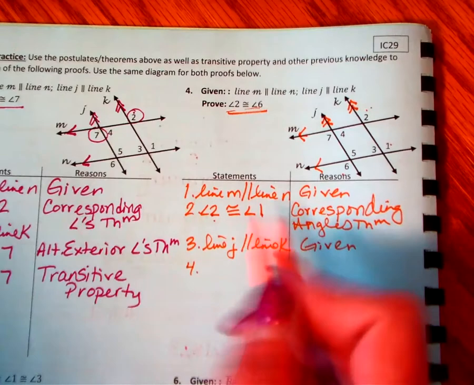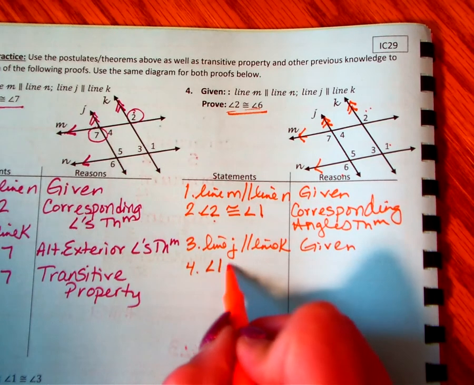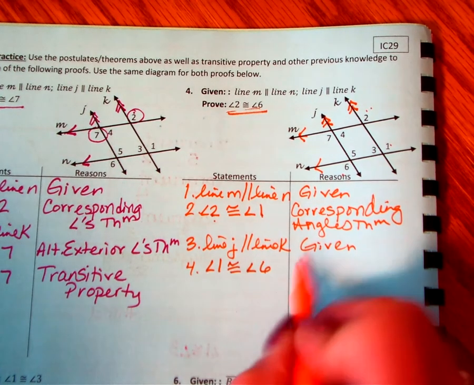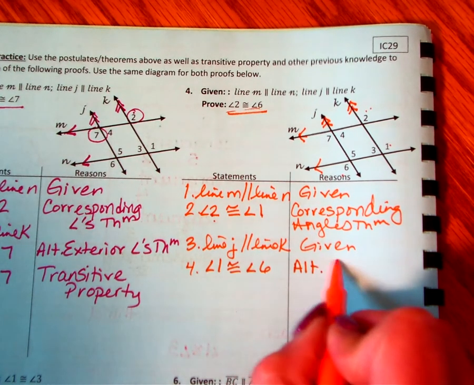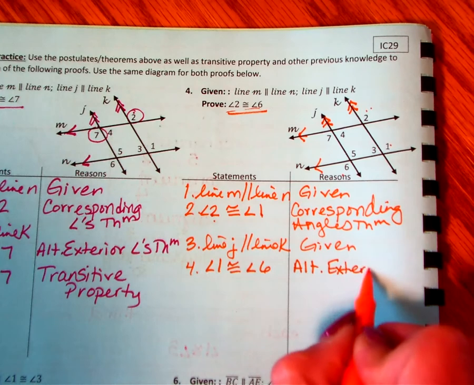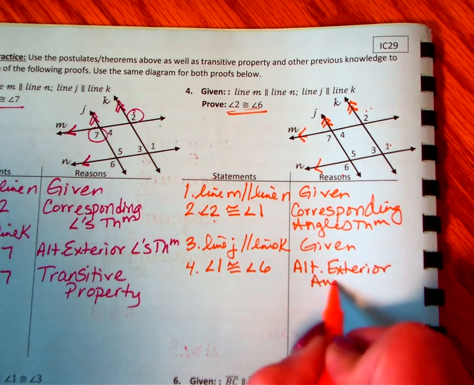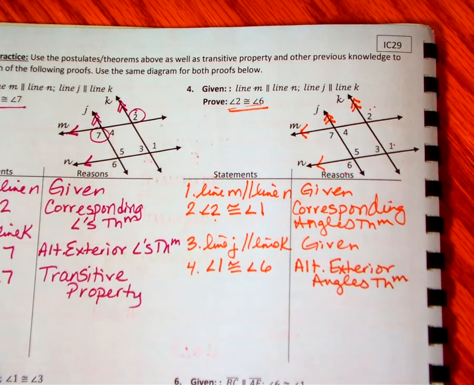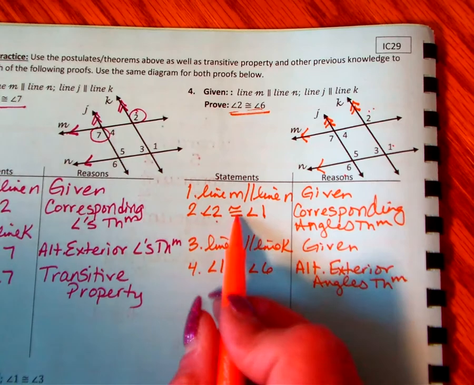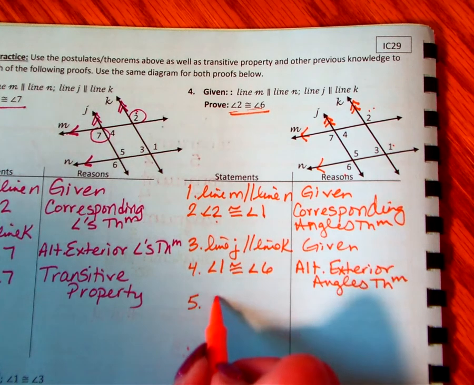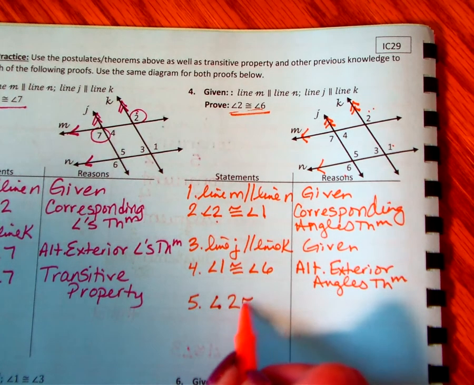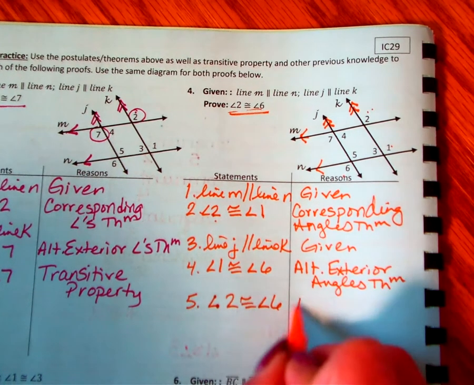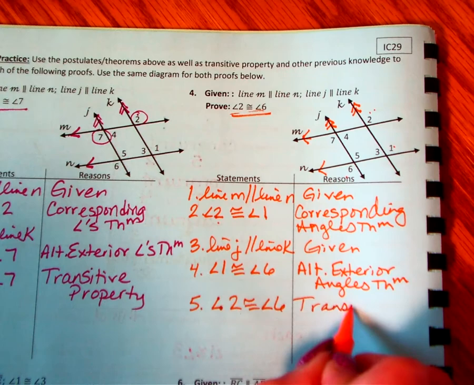That one's given. So I can say angle 1 is congruent to angle 6, because they are alternate exterior angles theorem. Okay, and now because of those, I can say angle 2 is congruent to angle 6 by the transitive property.